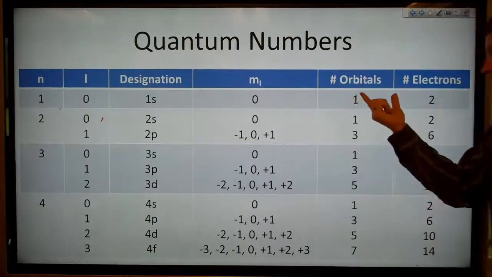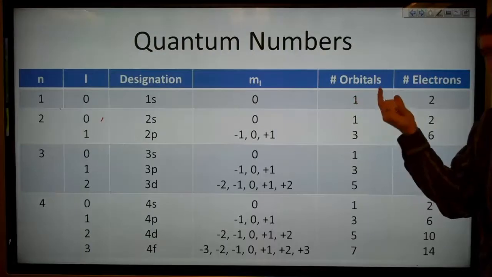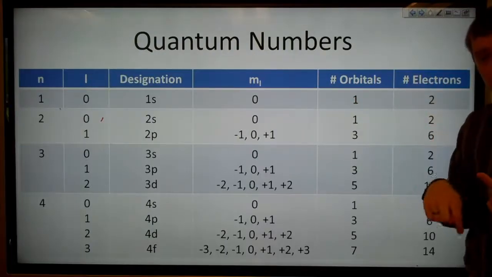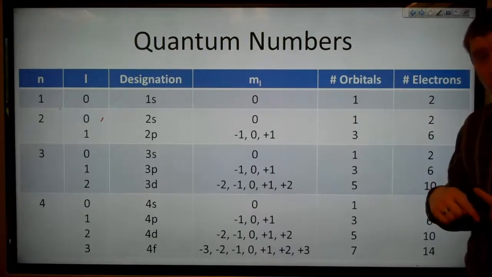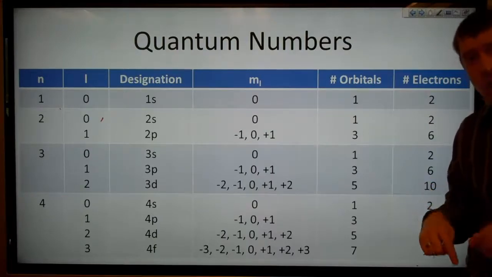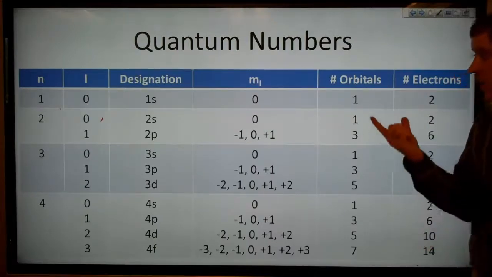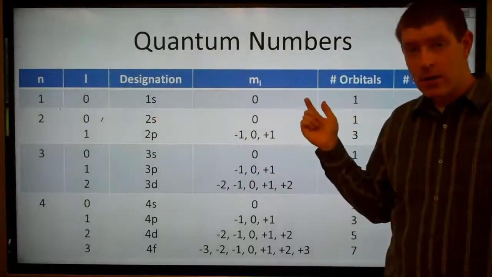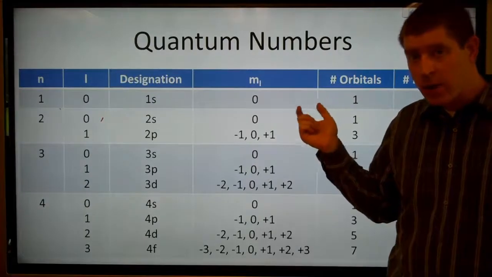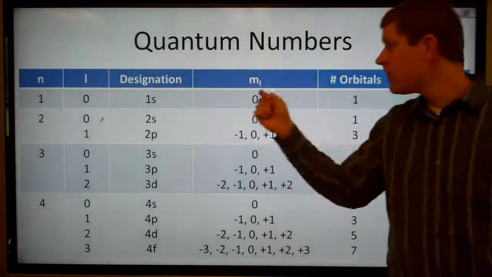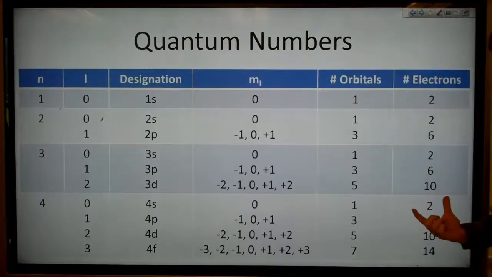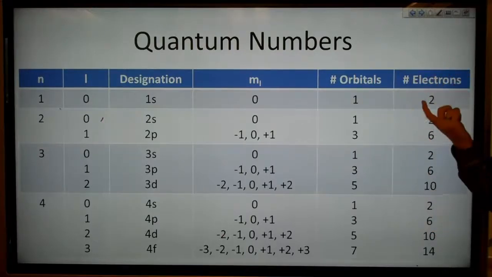But for any one orbital, we can get 2 electrons in there because we can get 1 electron that's spin up and 1 electron that's spin down, so that m sub s value of -1/2 or +1/2. And so that combination of 4 quantum numbers, the n, l, m sub l, and m sub s, I haven't listed m sub s in here because they're all plus or minus 1/2.